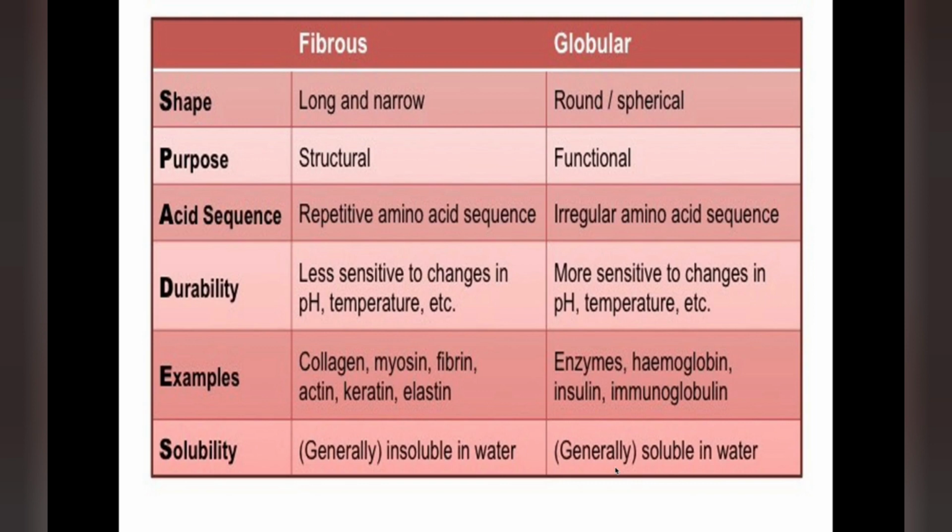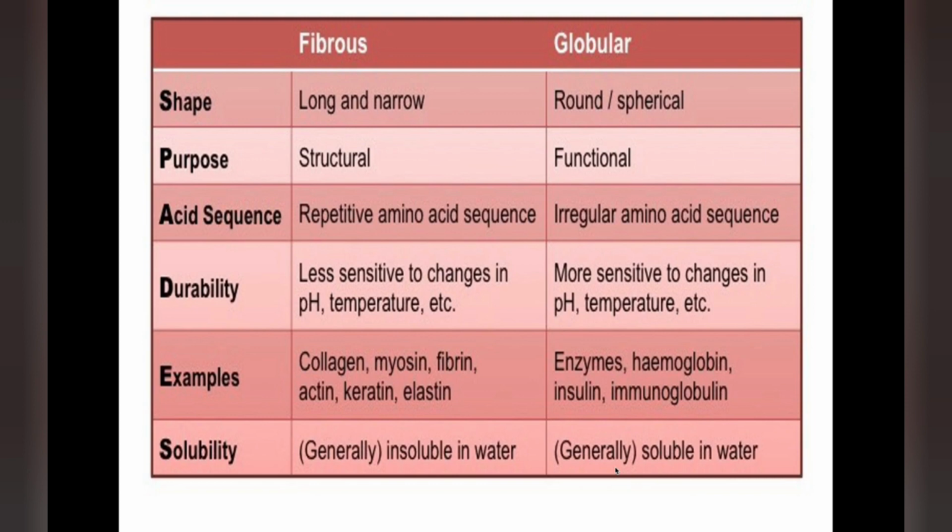Now globular protein: here chains of polypeptide coil around to give a spherical shape, and it is soluble in water. In this chart you can see the different shape, purpose, sequence, durability, example, and solubility, as a comparison between fibrous and globular structures.